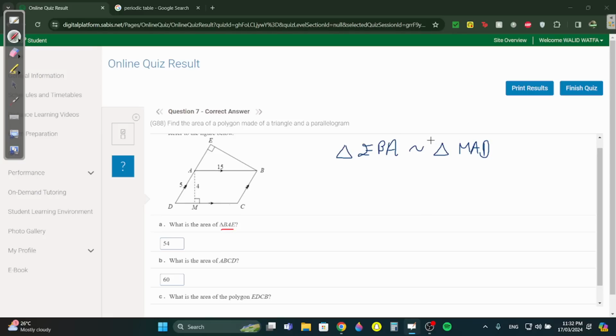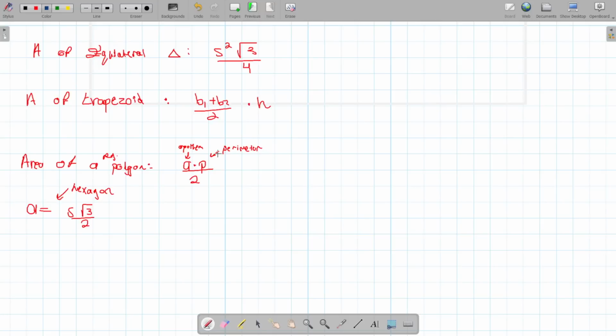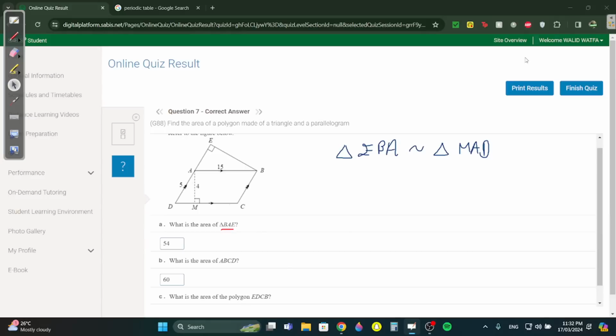What does that mean? This is our next formula. In red, area of triangle 1 over area of triangle 2 equals side 1 over side 2 squared. What does this mean? Let's see here.